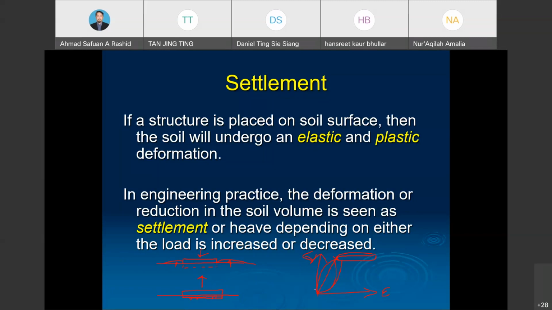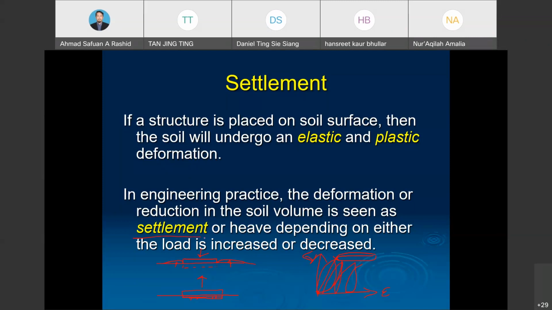Dia tak boleh kembali kepada keadaan asal. So load, unload, load, unload. But under the plastic condition, if we unload, since the soil has reached the failure state, it will not deform the same as in the elastic condition.